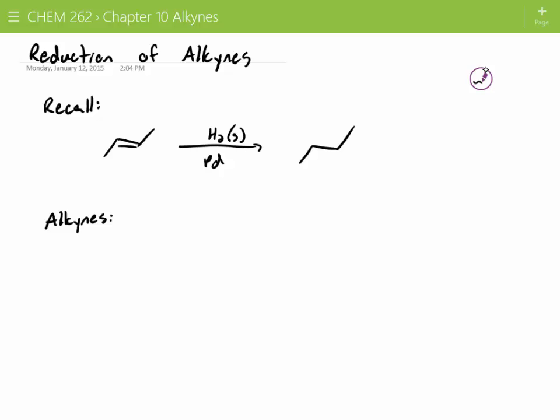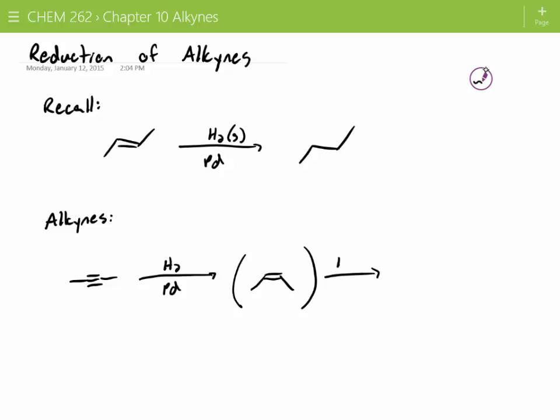In particular, you can imagine, all right, let's say we've got this alkyne. Theoretically, we could add one equivalent of hydrogen, react this with palladium. Then we would get our cis alkene.